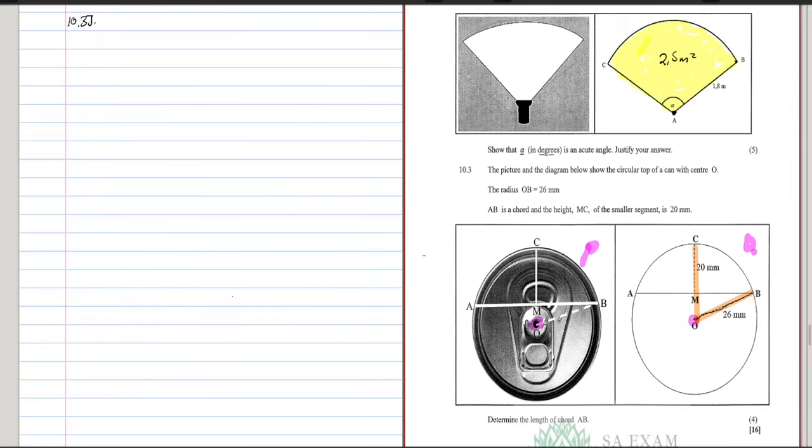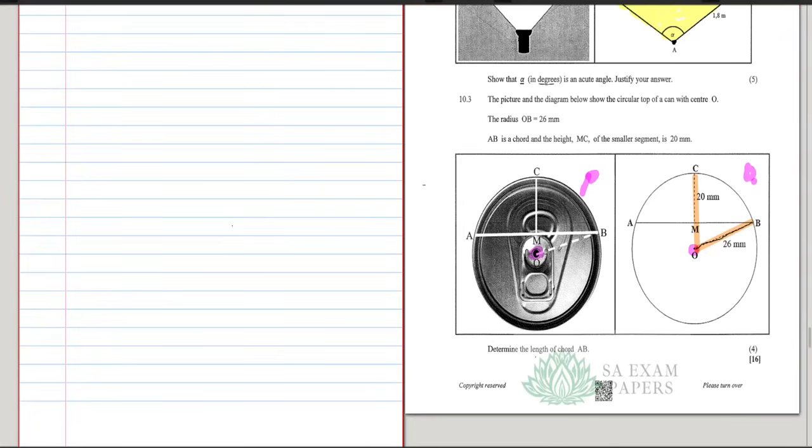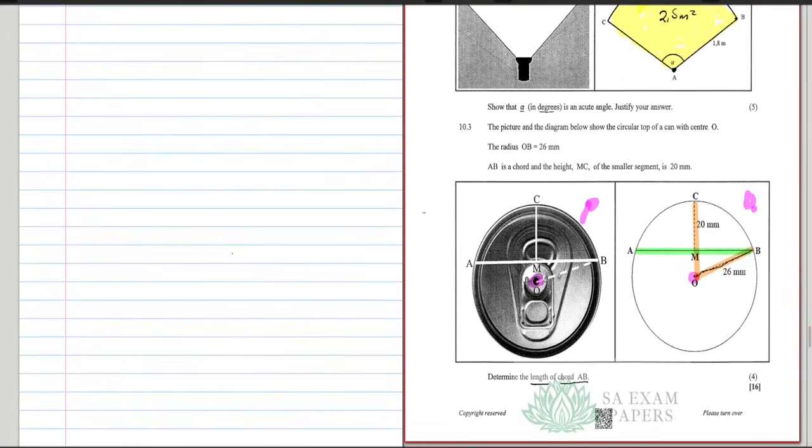A length that is measured from center to circumference is the radius. Now the question says calculate the length of chord AB. So what we are looking for is this green part. I like highlighting because the software allows it, and it makes the conversation flow much easier. So we are looking for AB.